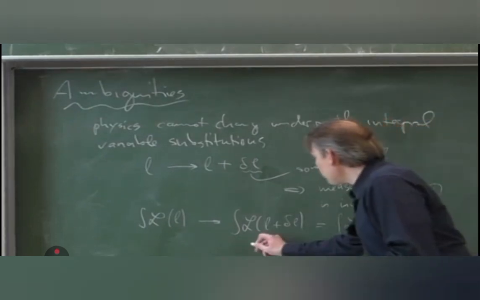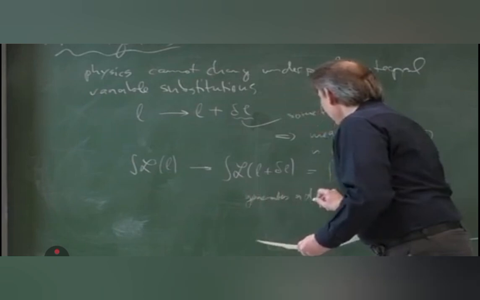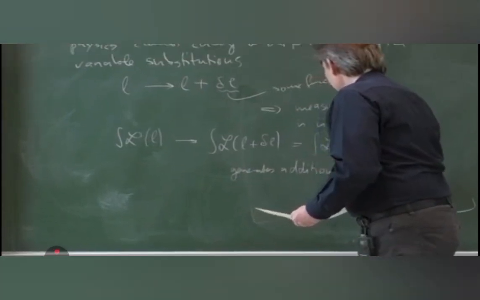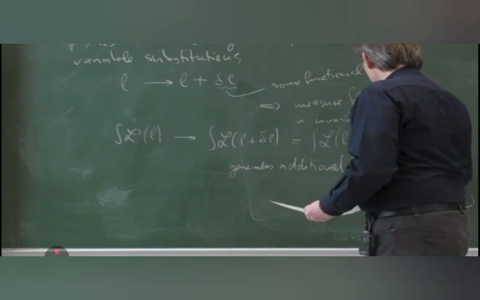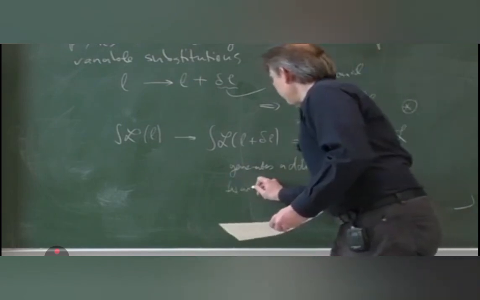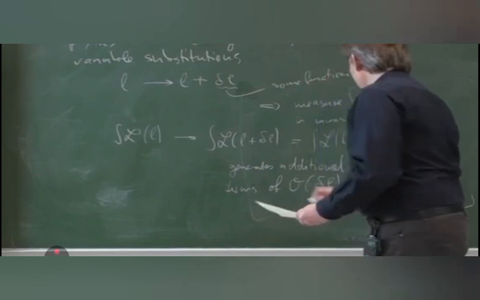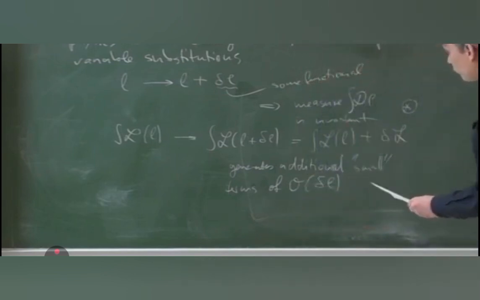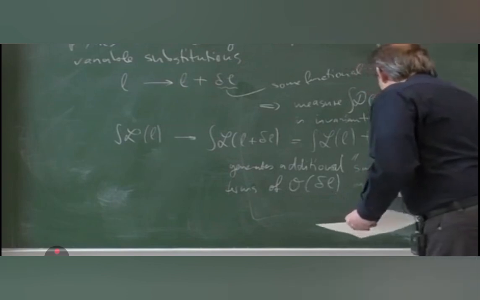So this field transformation generates additional small terms of order of this variation delta L, which is assumed to be small as well, in the Lagrangian.